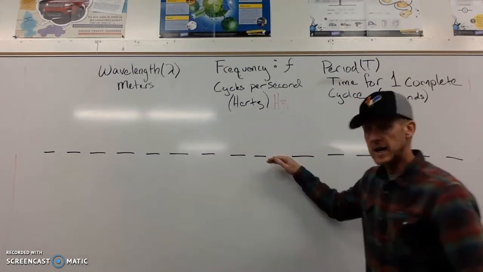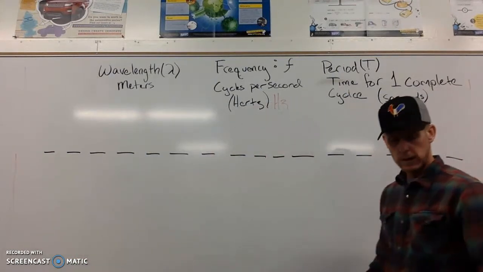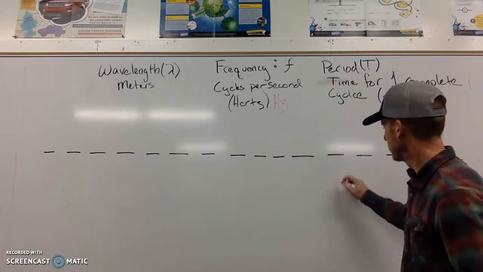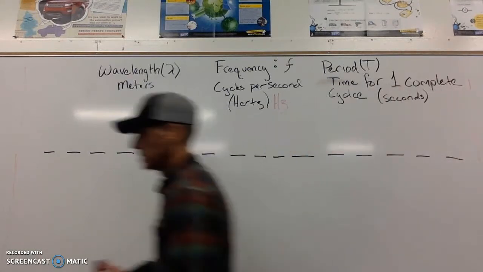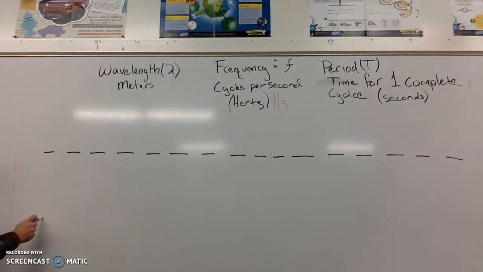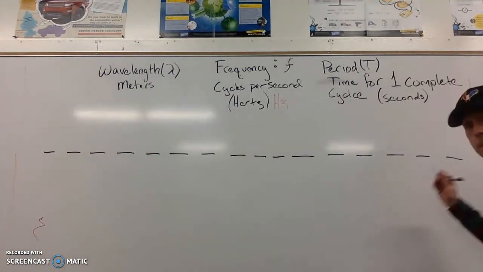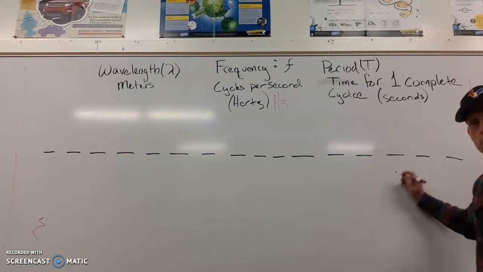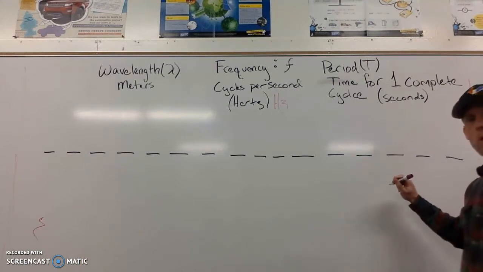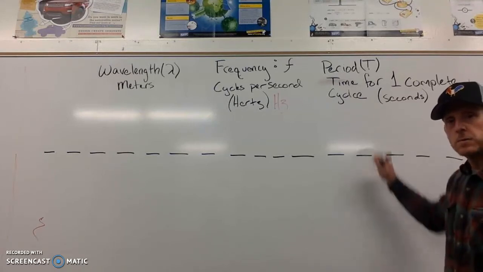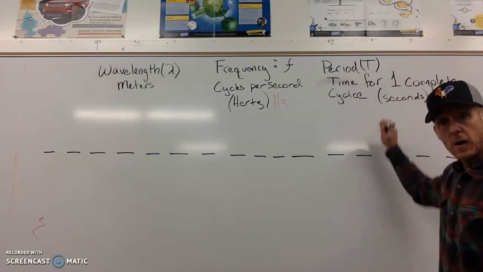So here I've got this dashed line. That dashed line represents equilibrium. I'm going to be the oscillator in this case. Like a pendulum or a mass on a spring, I'm just going to move my hand up and down.